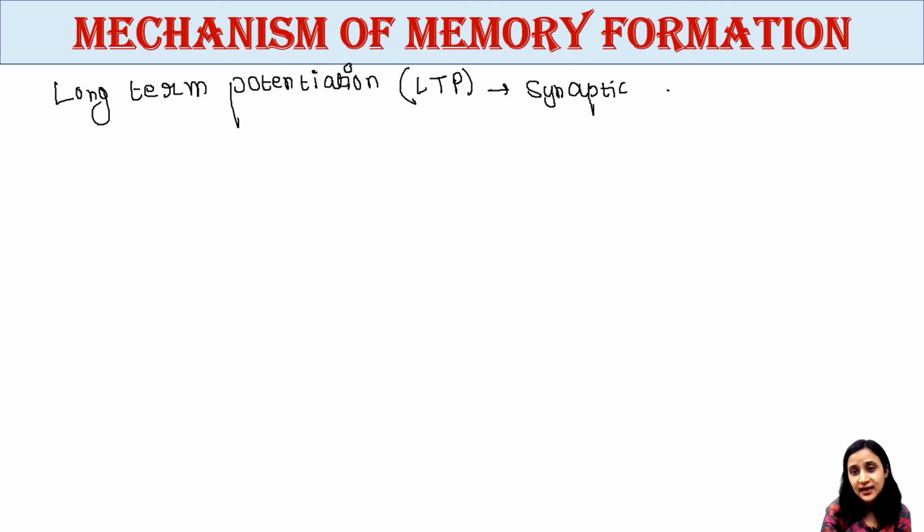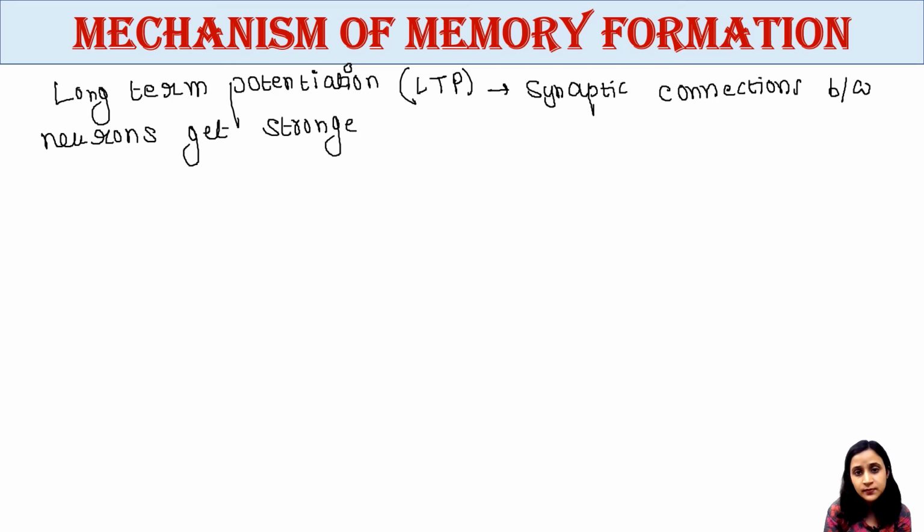You know that between two neurons we have a space that is called the synaptic space. So that is getting strong. Now how it is occurring, I'm showing you the mechanism here.